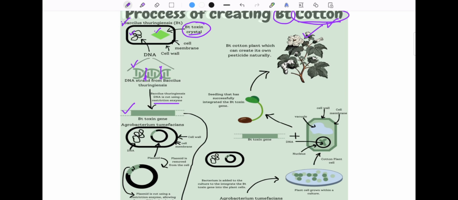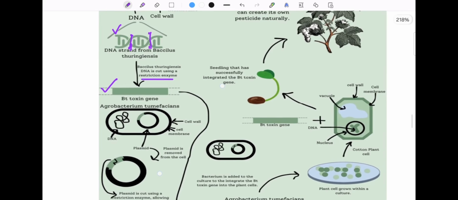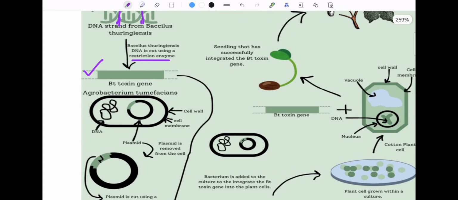For visiting from one place to another place, we always travel by some type of vehicle. So here is the vehicle that is named Agrobacterium tumefaciens.